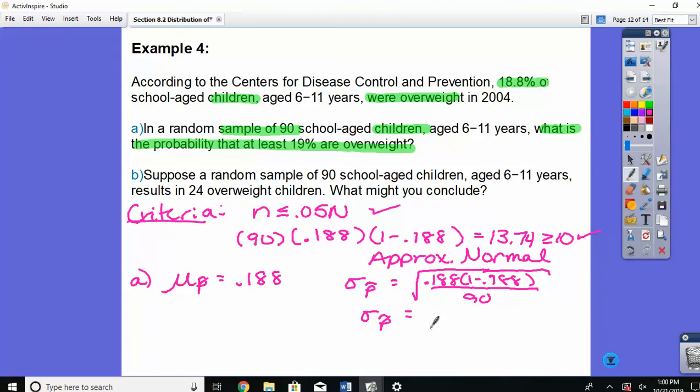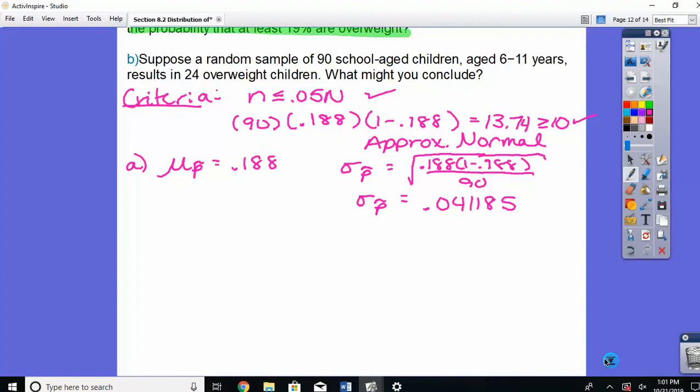So when I get the standard deviation, 0.041185, I'm going to keep a few decimal places so as I go throughout my problem, I can calculate that.